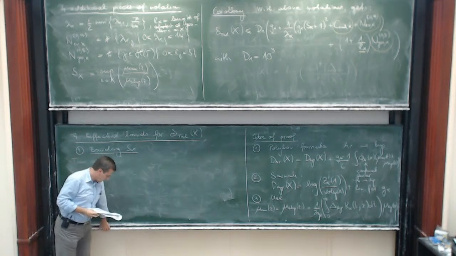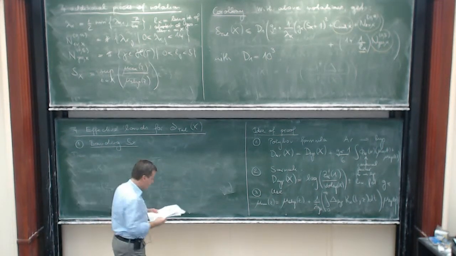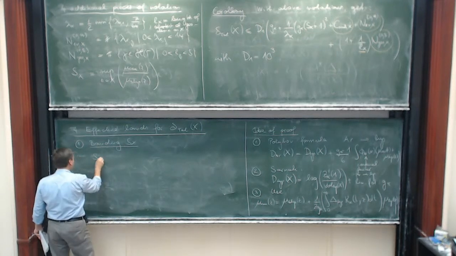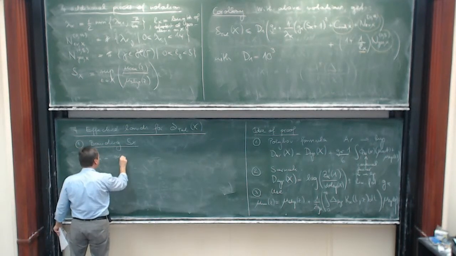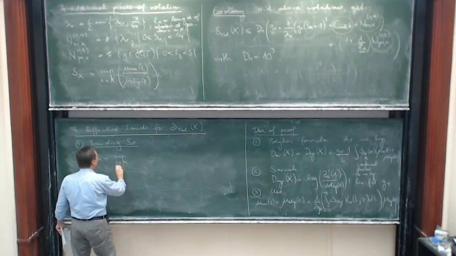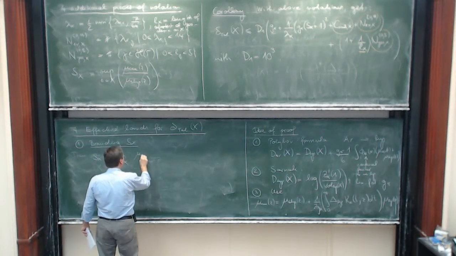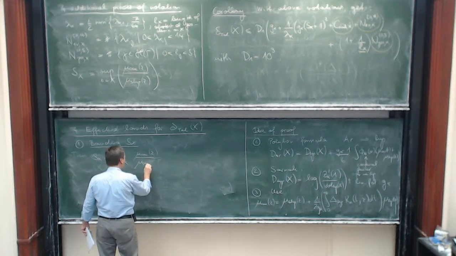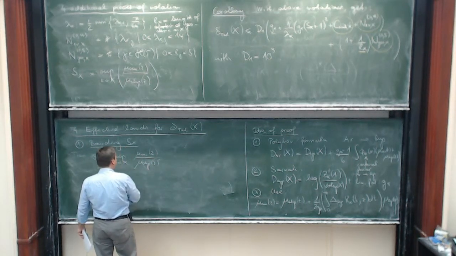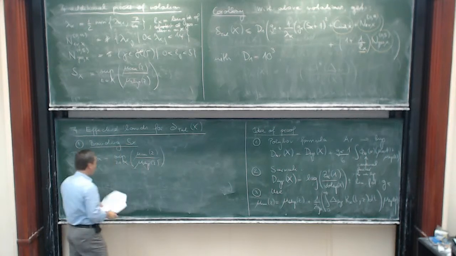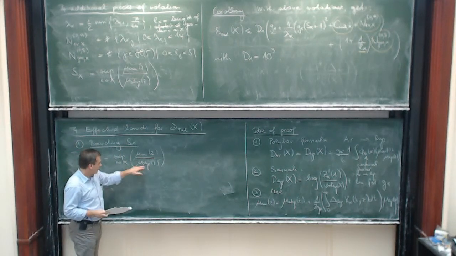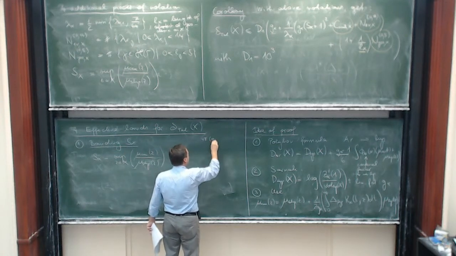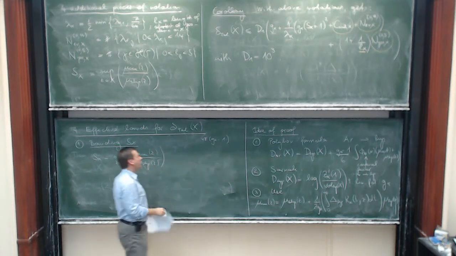Okay, so let's recall briefly how it was defined. So it's probably still up there. Yes. So Sx is the sup over all z in x of the ratio of the canonical by the scaled hyperbolic metric. Okay, so you know that the volume is 4 pi times gx minus 1, right?